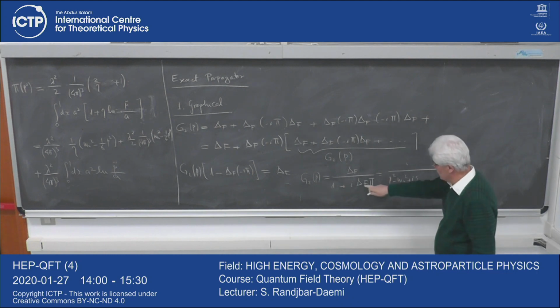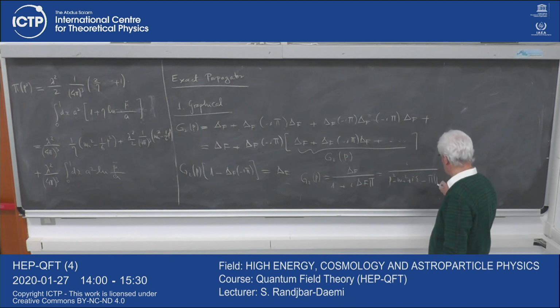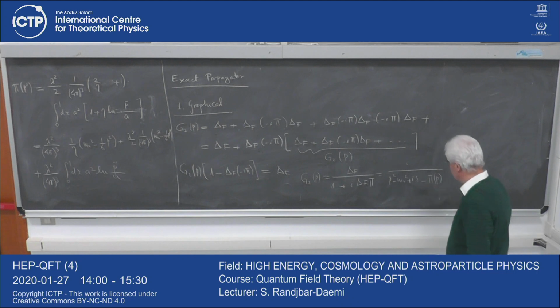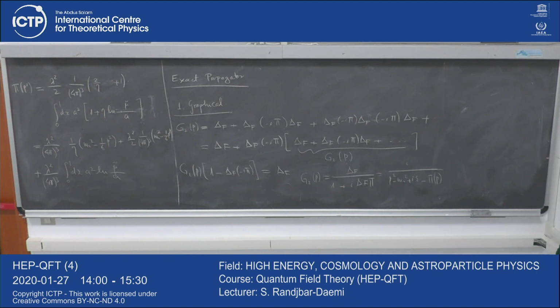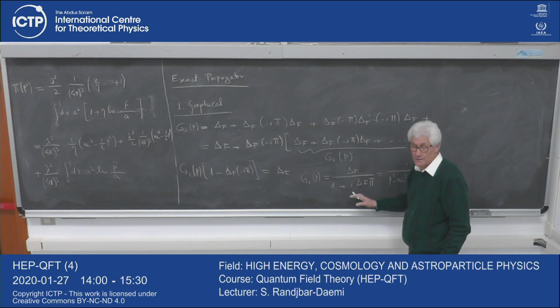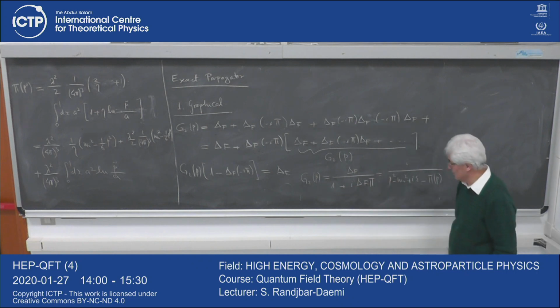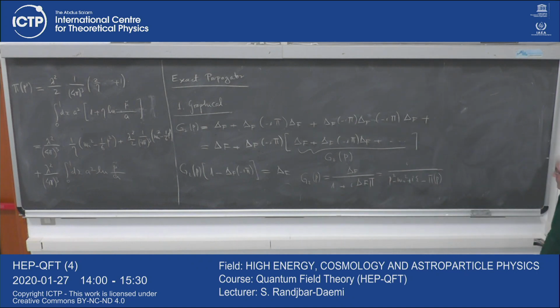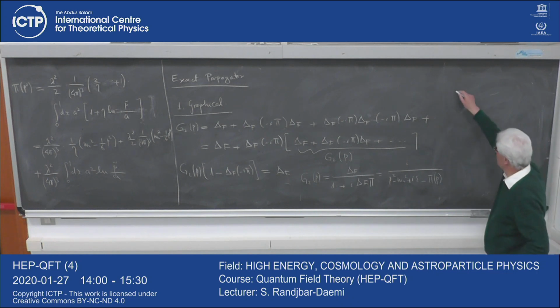Then this expression times that gives me an I, and that I times this gives me minus I of P. Okay? I multiplied basically the numerator and denominator by delta F to the power minus 1.